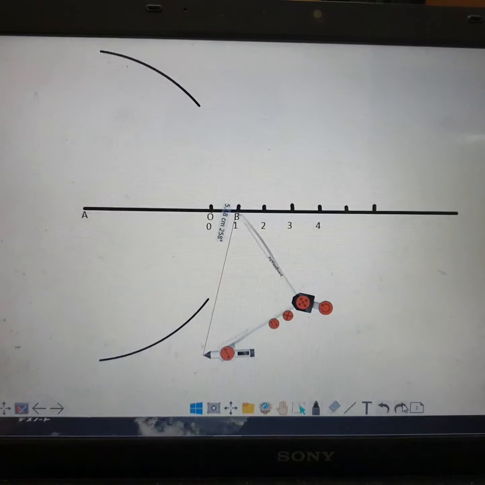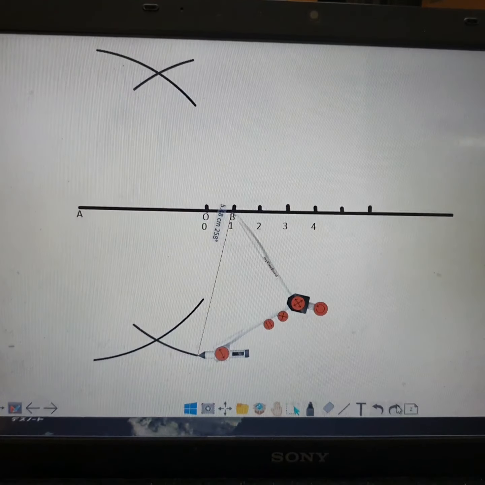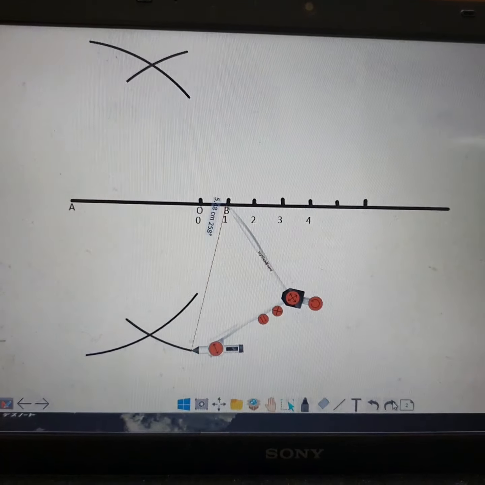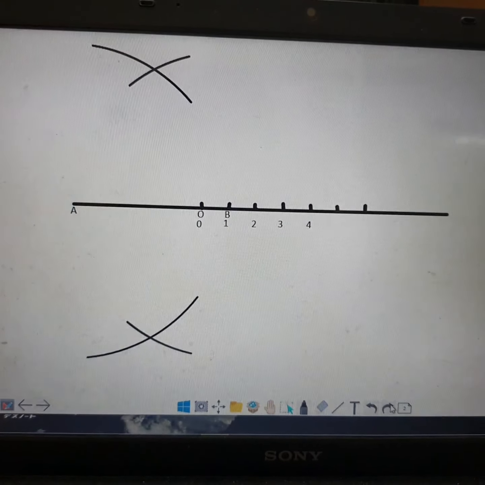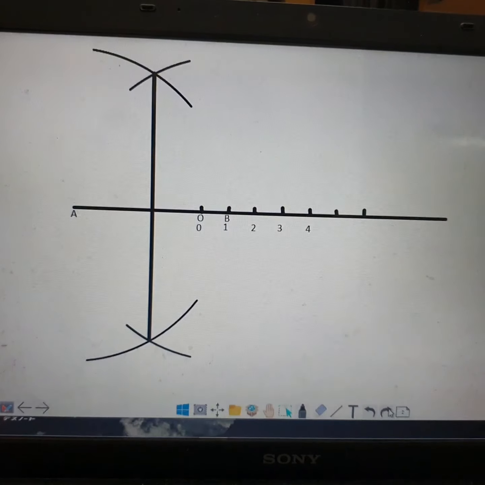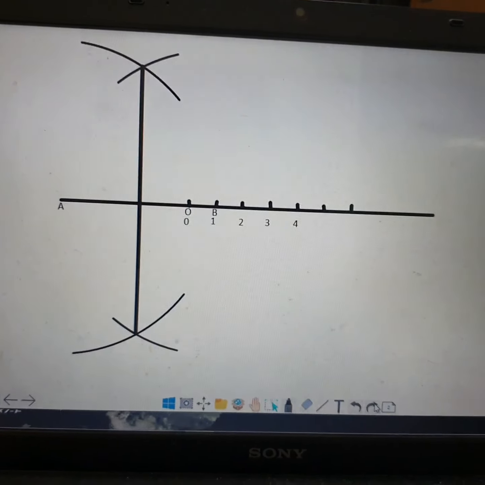After that you will keep the pointer at B, and draw one arc up and one arc down. After this is done, you will take a scale, keep the scale at the intersecting points of the arcs and join them. So you will get the midpoint of AB.